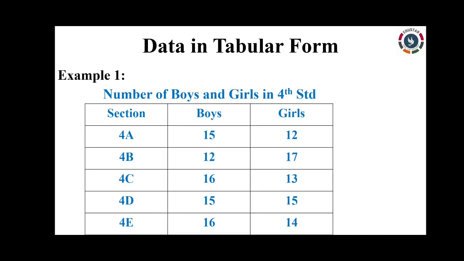In A section, compared to girls, more boys are there. In B section, compared to boys, more girls are there. In D section, the number of boys and girls are equal. So, in tabular form, we can easily observe the data.